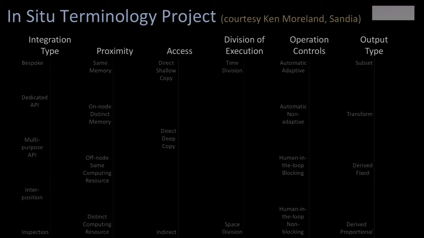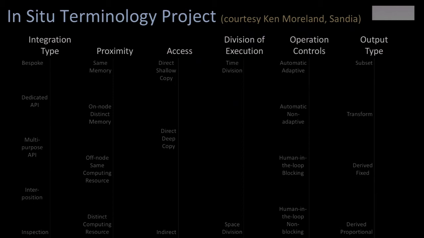But this is a very useful chart: we have 6 different modes of in situ access, and then the different classifications of it, from implementation type to how closely the visualization and simulation processes interact. Some key things here are proximity, in terms of how MPI might be able to help.